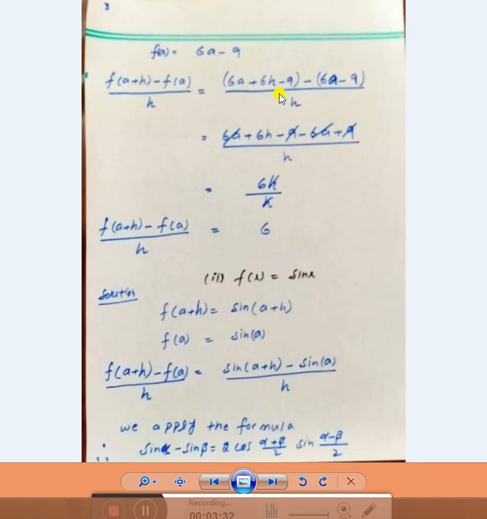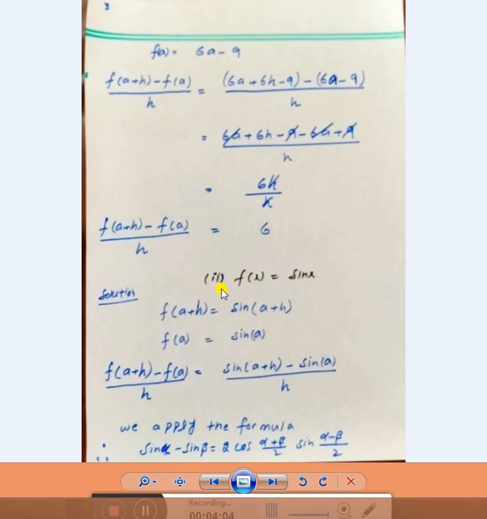When we open the brackets, there is a negative sign, so the signs change. This becomes −6a and this becomes +9. The −9 and +9 cancel out, and 6a − 6a cancel out. We have just 6h divided by h, and h cancels. So the value of [f(a + h) − f(a)]/h is equal to 6.